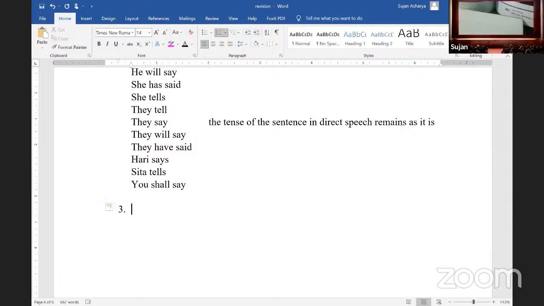Now next. Rules for the change in the tense of the sentence in direct speech.